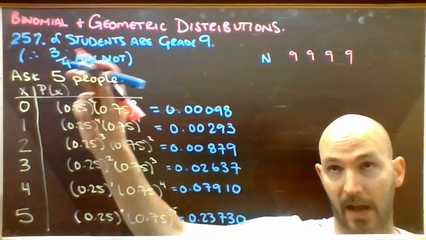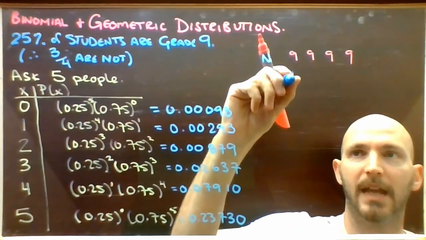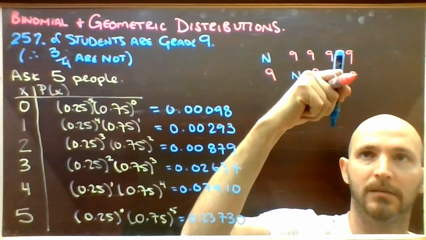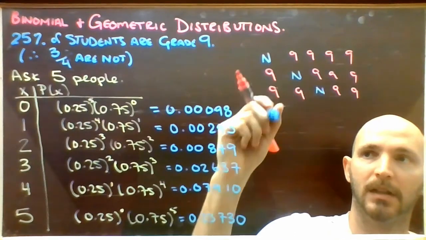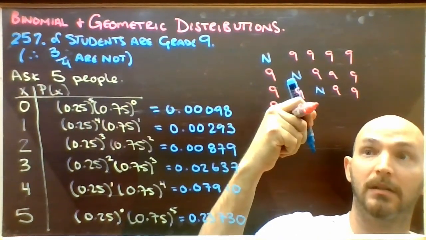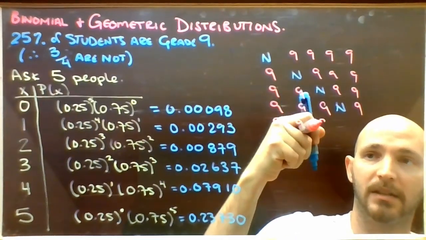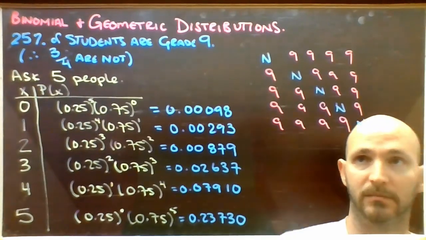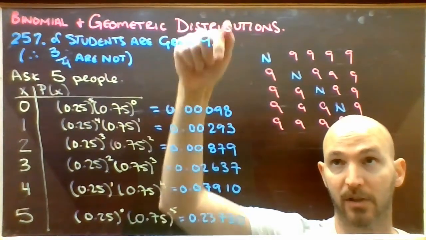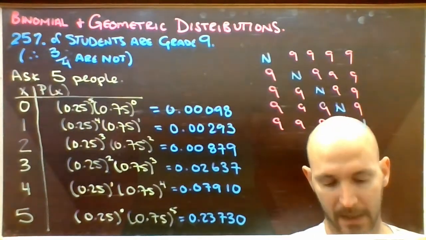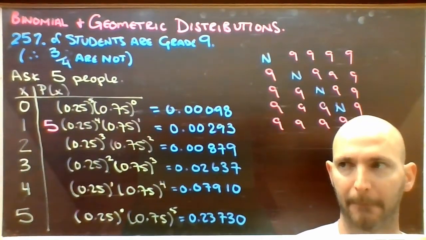I just found 5 random people and asked, and maybe that's the non-grade 9, or maybe that's the non-grade 9, or maybe this is the non-grade 9, or maybe this is the non-grade 9, or maybe it's not until the last one. So that one person who is not a grade 9 could be here, or here, or here, or here, or here. That means that there are 5 possible positions that that person could have been in.